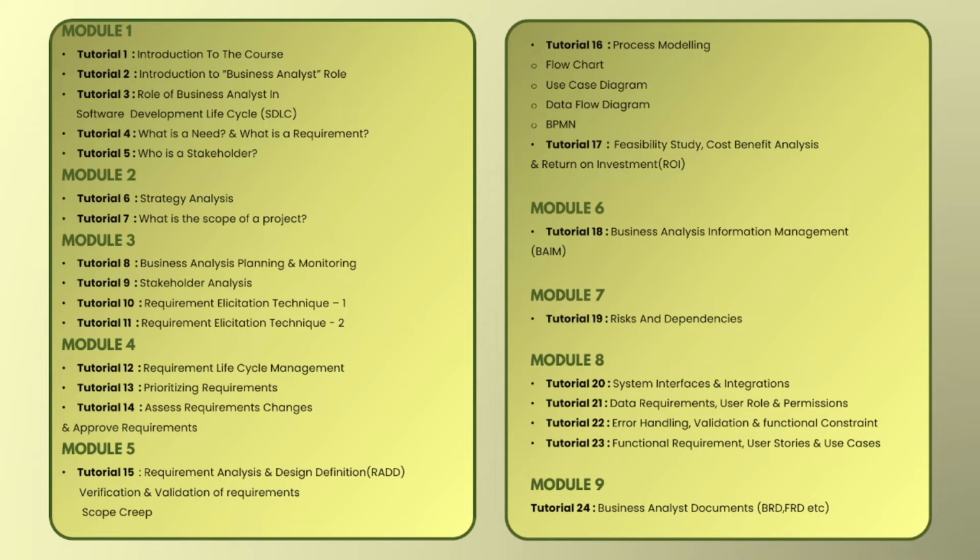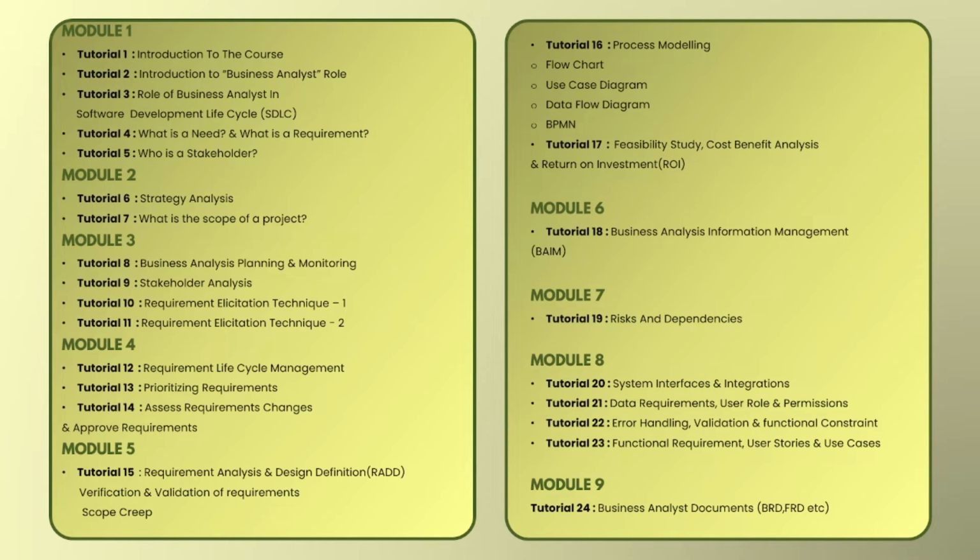In module 6, we covered BA information management, focusing on organizing and maintaining BA data with traceability and reuse. Whereas in module 7, we dealt with risk and dependency management using tools like SWOT, 5 Whys, and Gantt charts to ensure success. And in module 8, we learned about interfaces and integration requirements for smooth data flow.